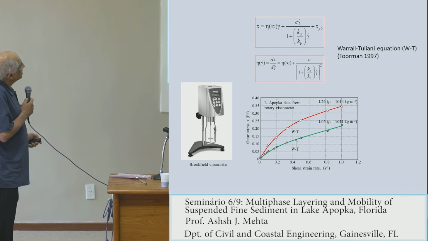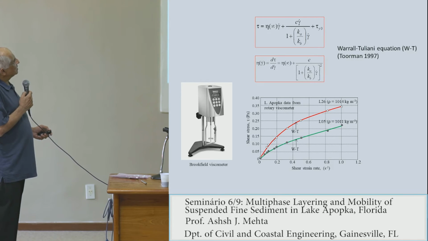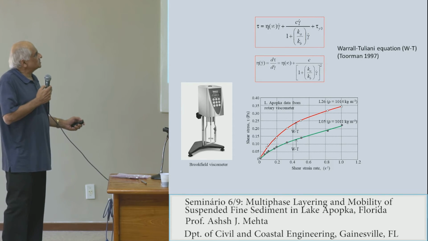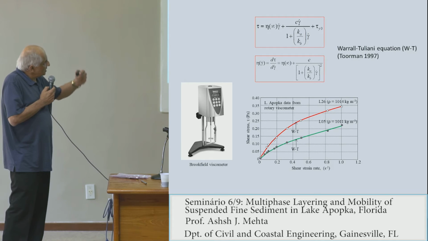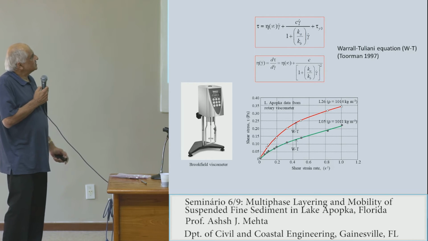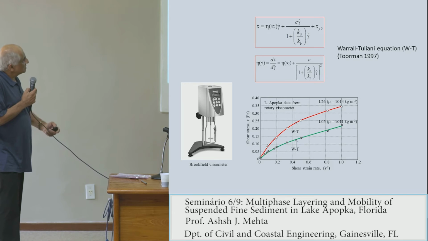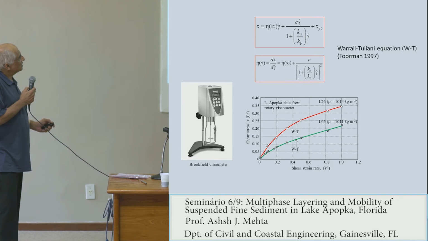And so you can see that here the density of the material is 1014, and recall that earlier today you saw much higher densities like 1200 and so on. But organic sediment starts becoming fluid mud because it has this high elasticity. It doesn't consolidate, and it becomes fluid mud at very, very low concentrations. And here it's 1011.